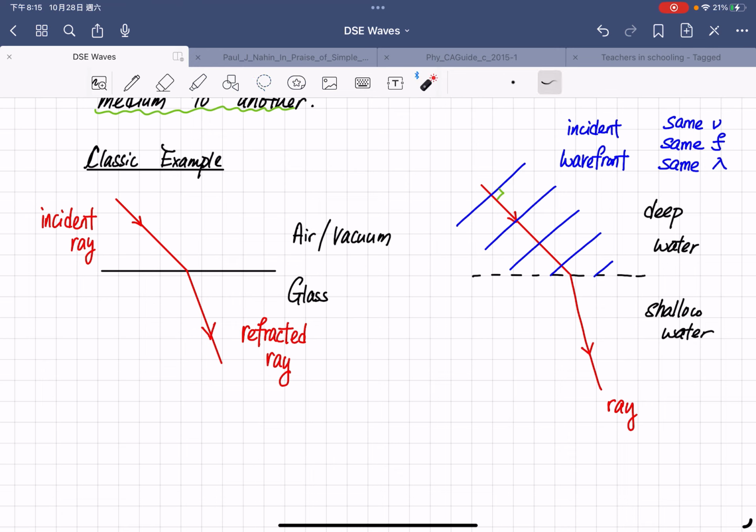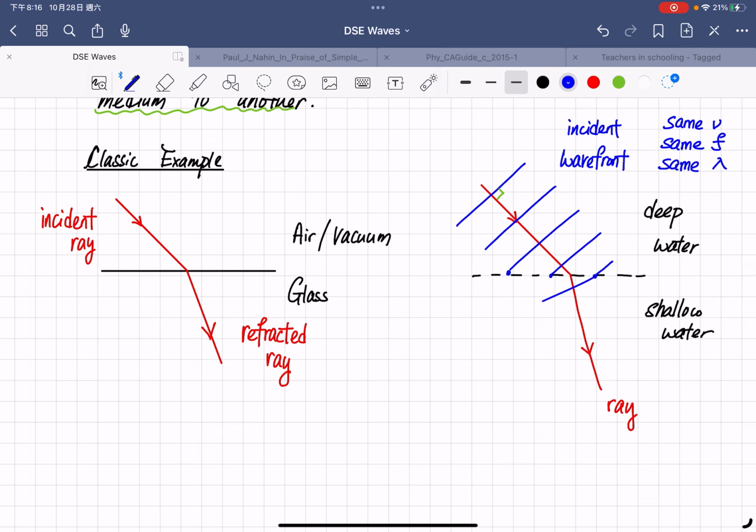Now how about the wavefronts on the other side? Naively, of course, you can still draw the wavefronts following what we learned, just to ensure that the wavefronts are perpendicular to the ray. However, we need to know that these wavefronts come from these wavefronts. So instead of randomly drawing the wavefronts, we should start drawing the wavefronts at the point where you have the wavefronts on the boundary.